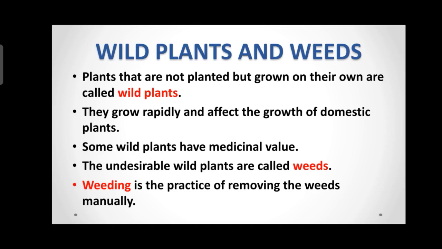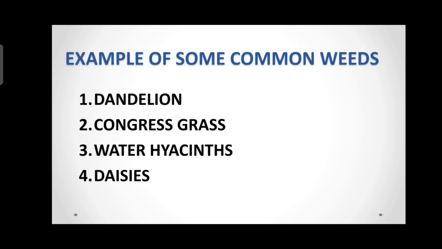The undesirable wild plants are called weeds, and removing these weeds manually is called weeding. Examples of some common weeds are dandelion, congress grass, water hyacinth, and daisies.